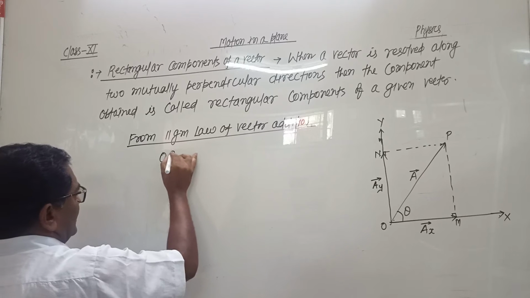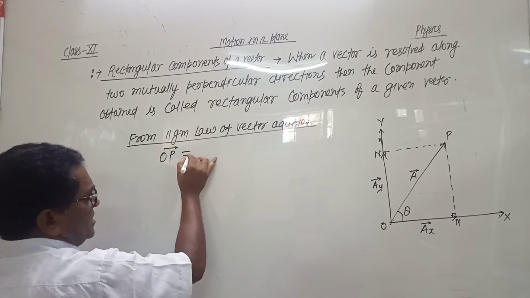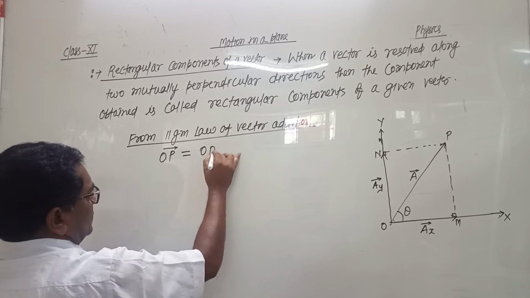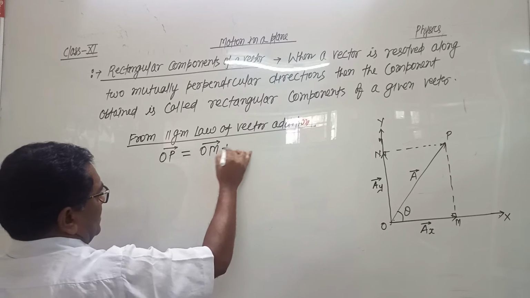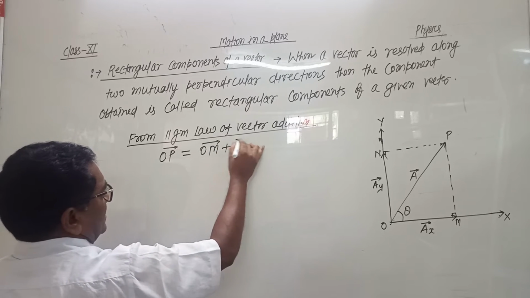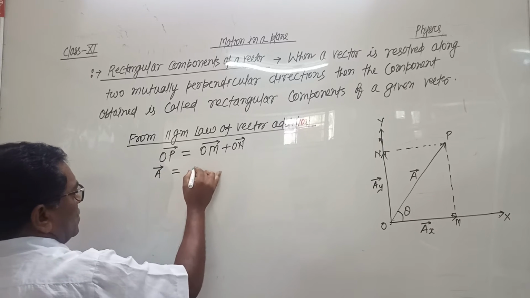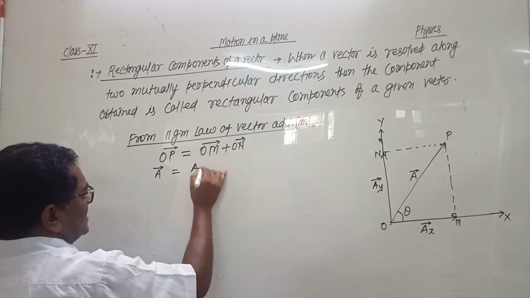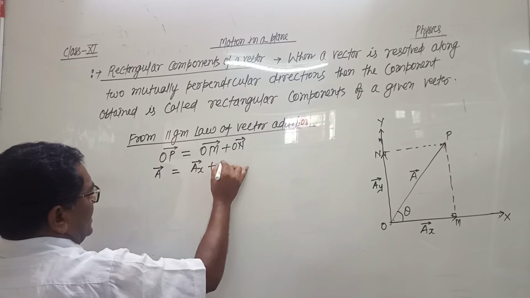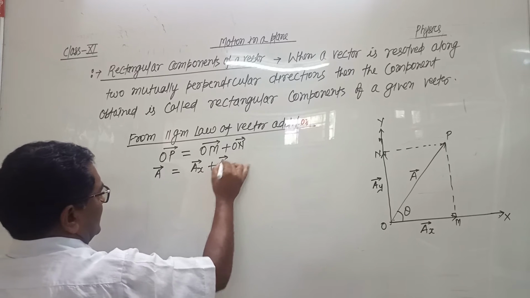We know that vector OP equals vector OM plus vector ON, where OP is vector A, OM is vector AX, and ON is vector AY.